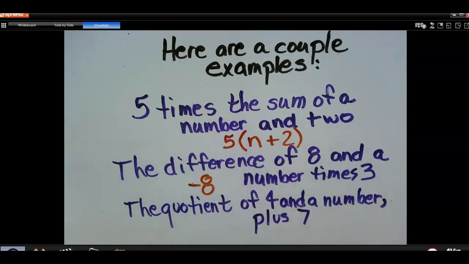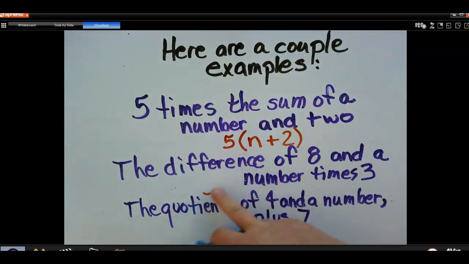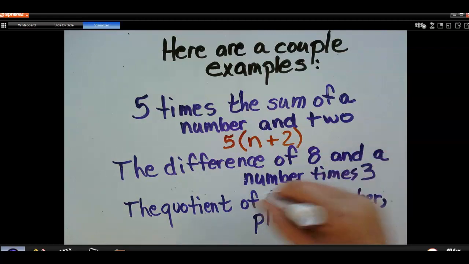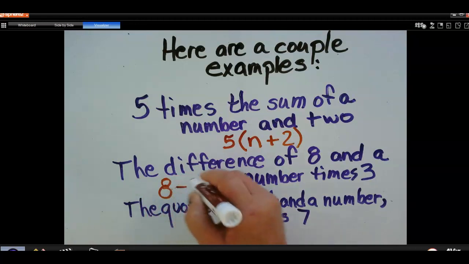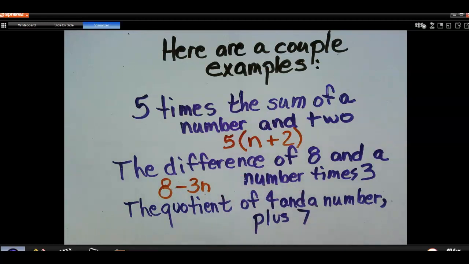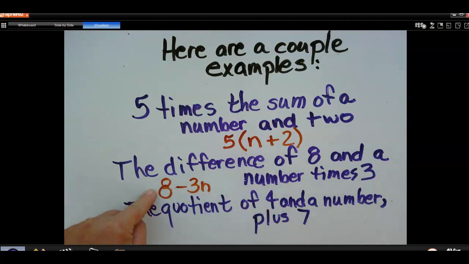Oh, nope. Mrs. Heinzman's wrong. The difference of 8 and a number times 3 means 8 gets written first, minus a number times 3. So if they say the difference of something and something else, the something goes first and the something else goes second.